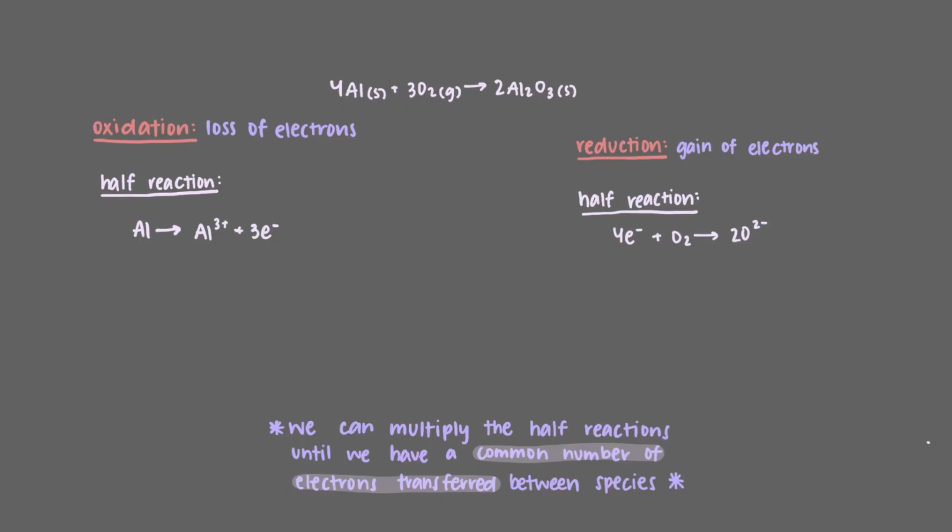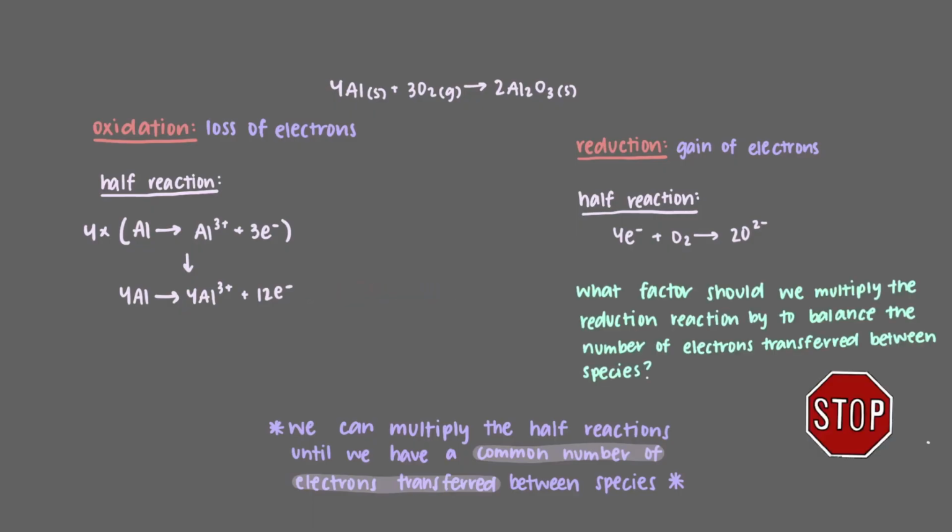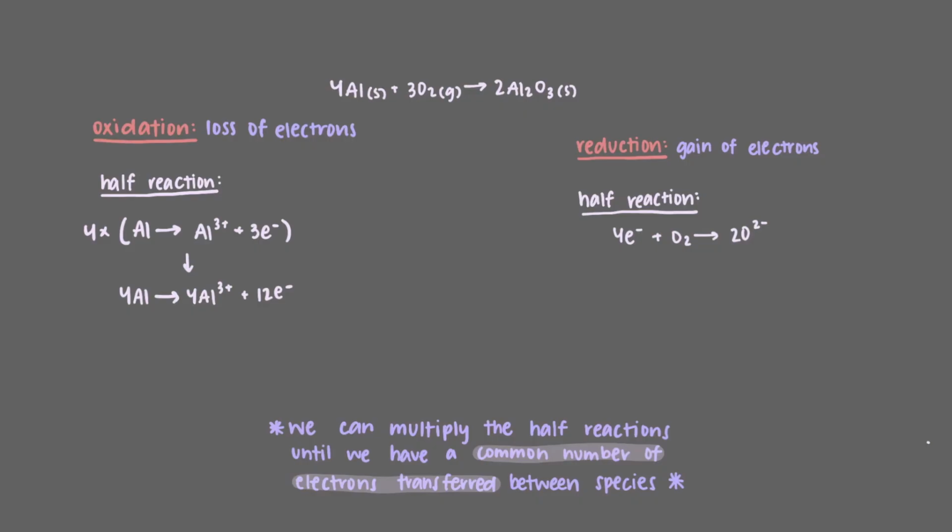If we multiplied the oxidation half reaction by 4, we get that 4 aluminum yields 4 aluminum 3+ plus 12 electrons. The reaction is still balanced because we multiplied the whole reaction by 4. What factor should we multiply the reduction reaction by to balance the number of electrons transferred between species? If we were to multiply the whole reduction reaction by 3, the result would be 12 electrons plus 3 O2 yields 6 O2-.